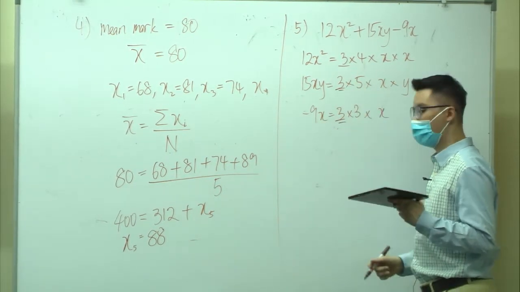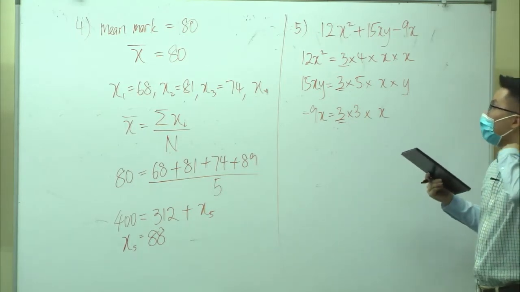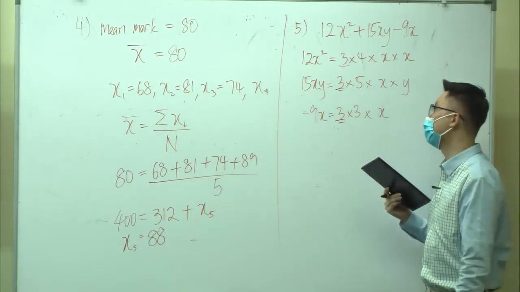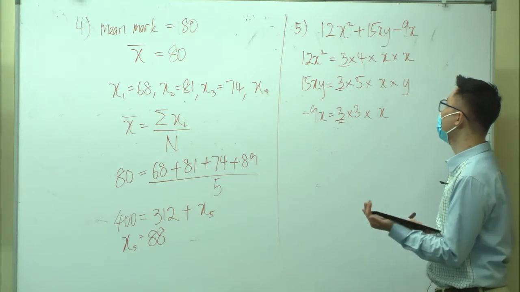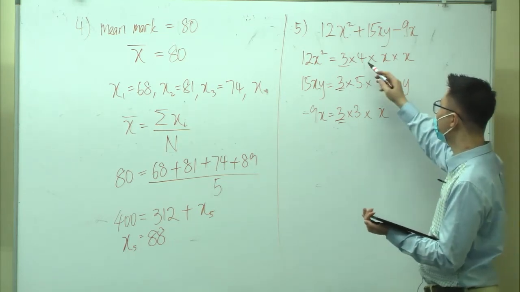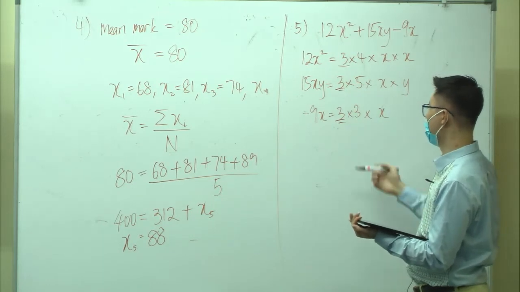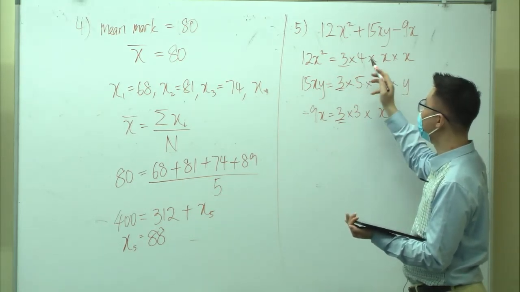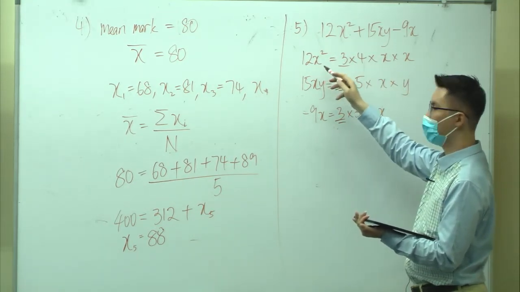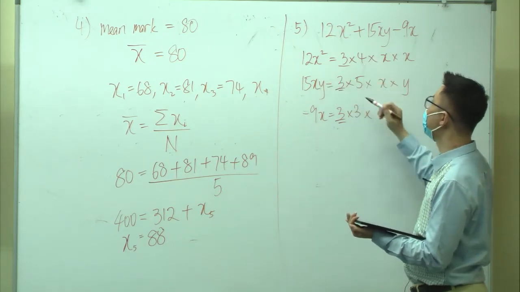So 3 is the common factor. How about the next one? Do we have the 4? Is 4 a common factor for these 3 terms? No, because we only have the factor of 4 for this 12x squared. So we cannot accept the 4.